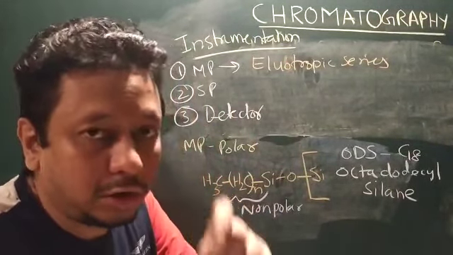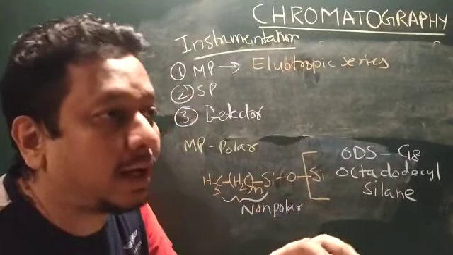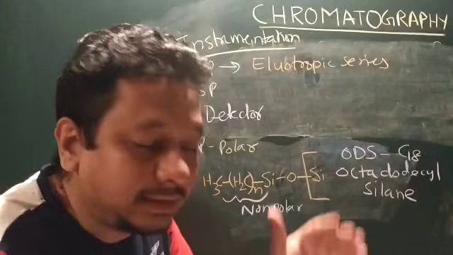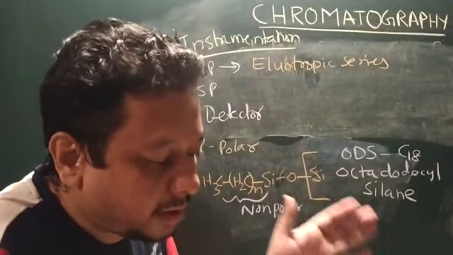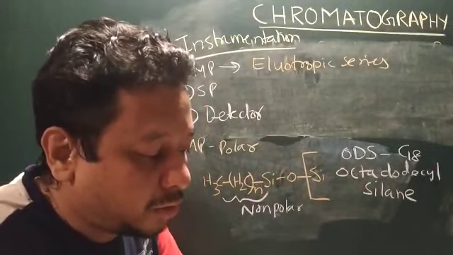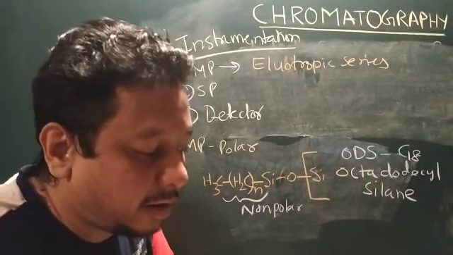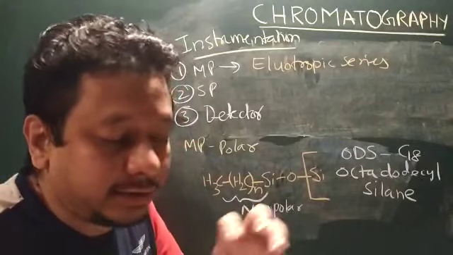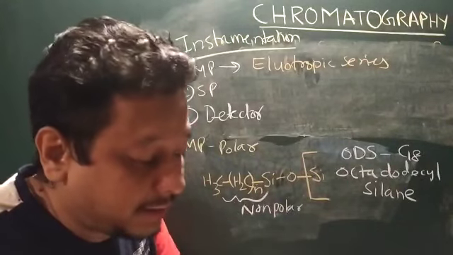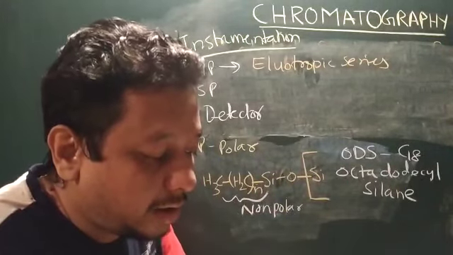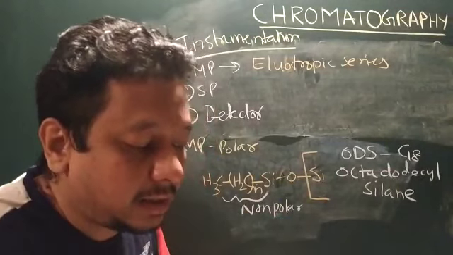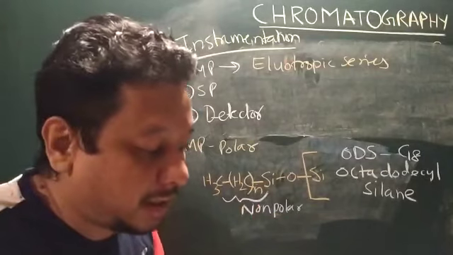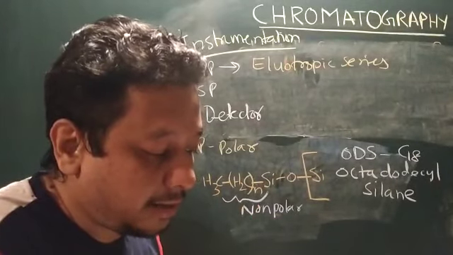If the analyte is solubilized in hexane, that is okay. Otherwise, we move to the next solvent, benzene. After benzene, dichloromethane, then chloroform, then ether, then ethyl acetate, then acetone, then acetonitrile or dioxane, and then ethanol, methanol, water, pyridine, and acetic acid. This is how we can understand the mobile phase.